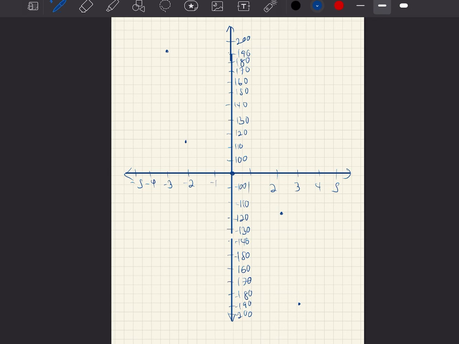So the graph starts from here, then goes up to the local max, goes down through the inflection point, to the local min, and then up again here. So it's just a rough sketch.